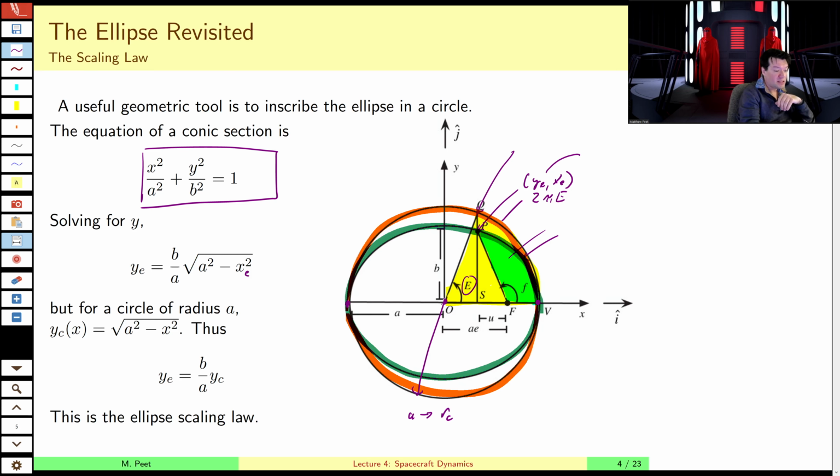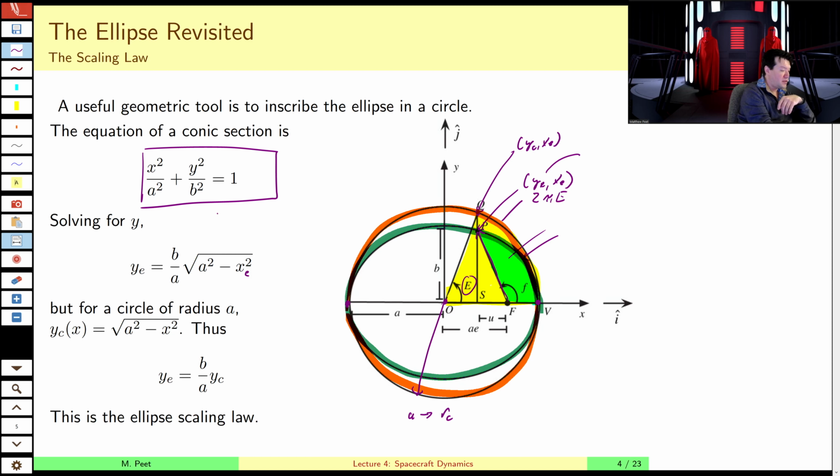In any case, an important point on this inscribing circle is the point directly above, in Cartesian coordinates, our position vector, right? Because remember, this is our position vector, right there. And that point we're going to say is, say, YC comma XE if you want. So YC as a function of XE, right?